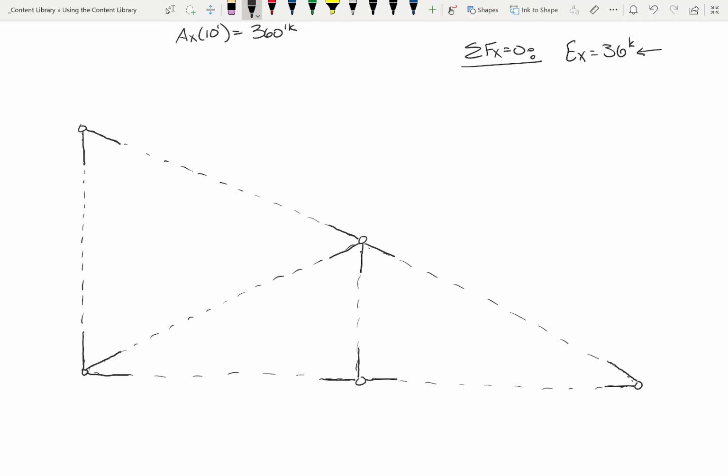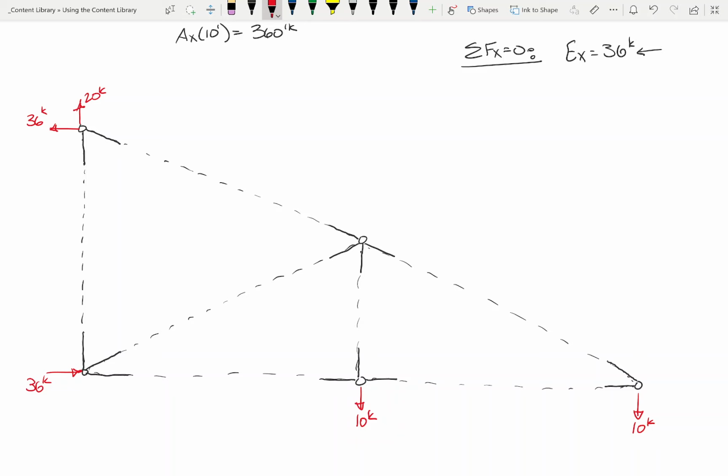All right, so let's start filling in some information, okay? I'm going to be color-coded here. I'm going to use the color red for anything that I know going into a joint analysis. So the first thing that I'm going to do: 10, 10, 20, 36, 36.